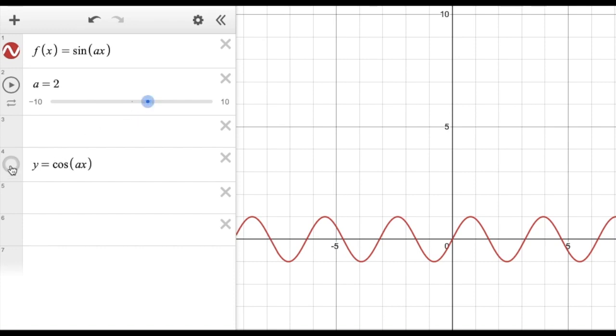And if I turn on the graph of y equals cosine of 2x, we can see that when the y equals cosine of 2x graph reaches 1, that's indicating the maximum gradient of the y equals sine 2x graph, which is good. We can see that to a certain degree we've succeeded in finding the derivative of y equals sine 2x, but it's not quite right. The reason it's not quite right is to do with the fact we've squashed the x-axis by a factor of 2.